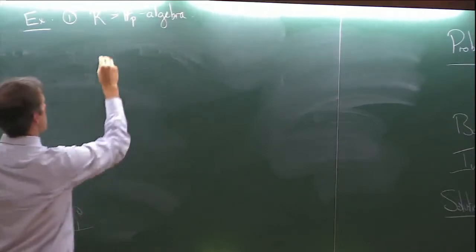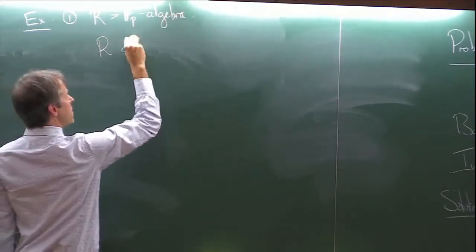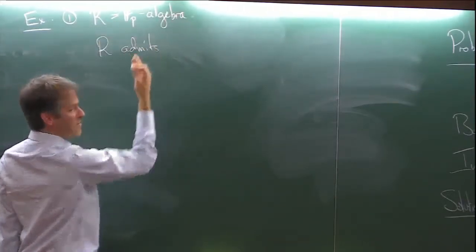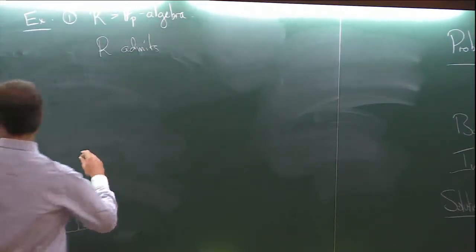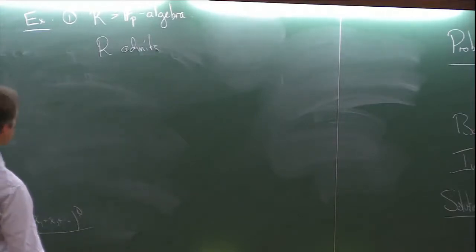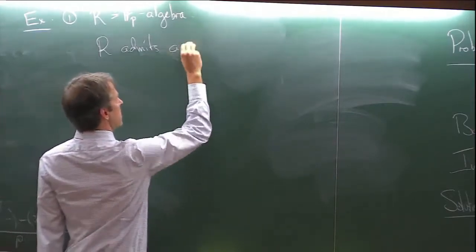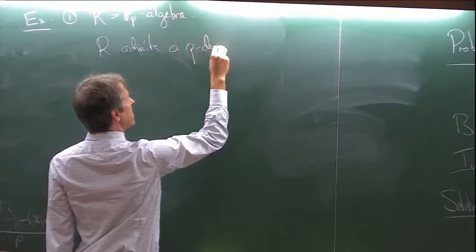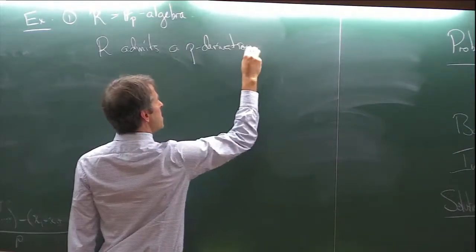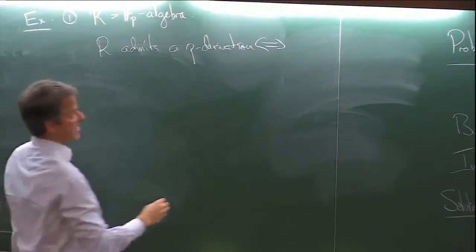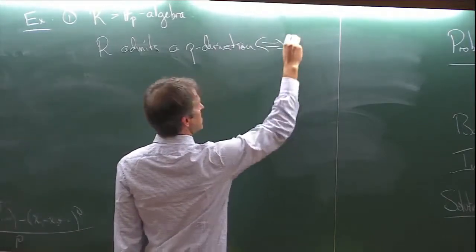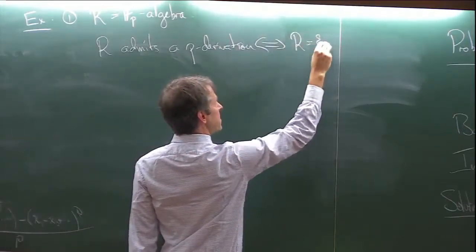Then every Fp algebra has a Frobenius lift, namely Frobenius itself, but they don't all have p-derivations. And that's putting it mildly. R admits a p-derivation, and it's easy to say when this happens: it happens if and only if R is the zero ring.